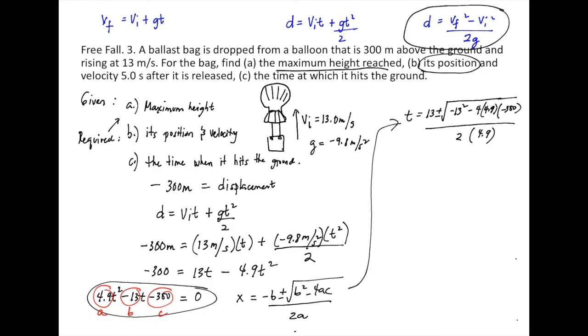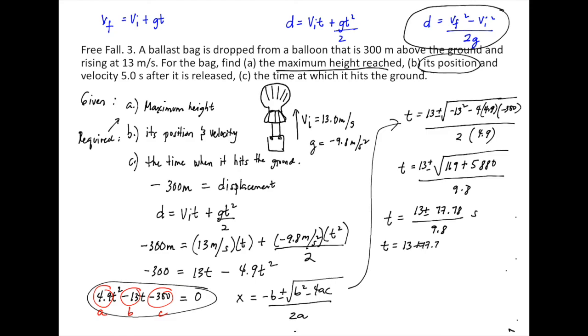And then let's solve now in our calculator. So this is by shortcut computation. So we have 13 plus the square root of 169 plus 5,880. Take note that we have here negative, then minus negative, we could have the plus sign. Now the value for our t, we have 13 plus 77.78 divided by 9.8, and the other one would be time is 13 minus 77.78 divided by 9.8, and this one has a negative value, so we don't consider it.